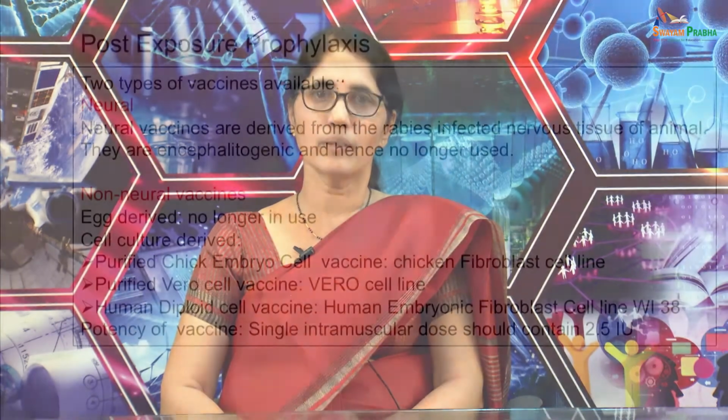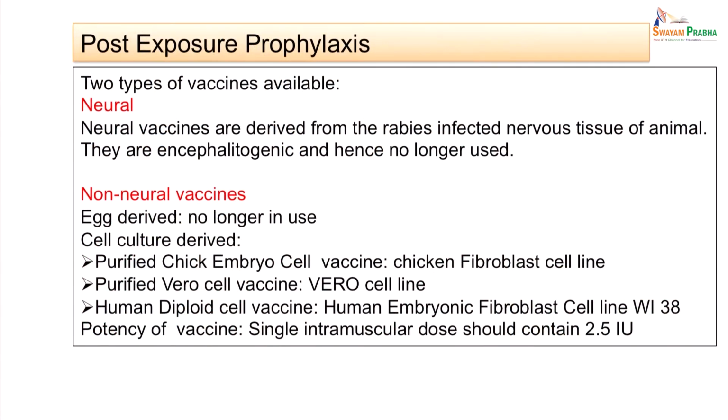Now, coming to the post-exposure prophylaxis. For post-exposure prophylaxis, two types of vaccines are available: neural vaccines and non-neural vaccines. The neural vaccines are derived from the rabies infected nervous tissue of animals. Now, because these vaccines contain nervous tissue of different animals, they are encephalitogenic and hence associated with harmful effects, and they are no longer used. Non-neural vaccines are the most commonly used vaccines for post-exposure prophylaxis.